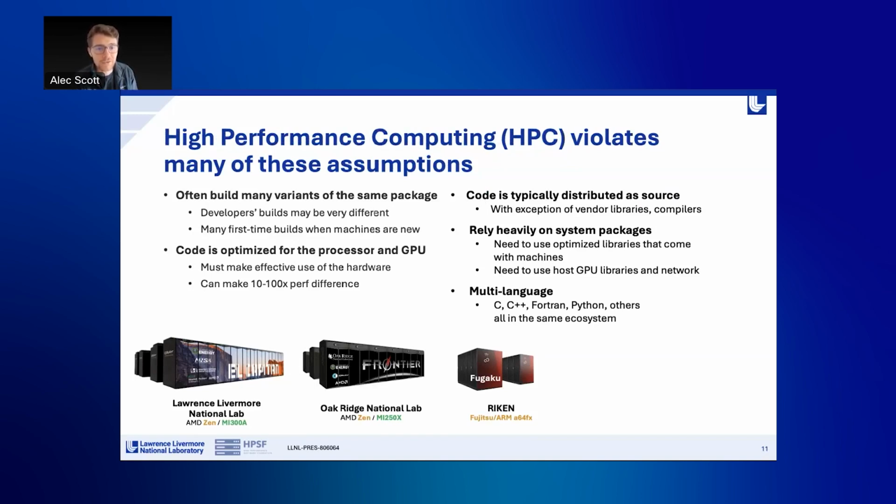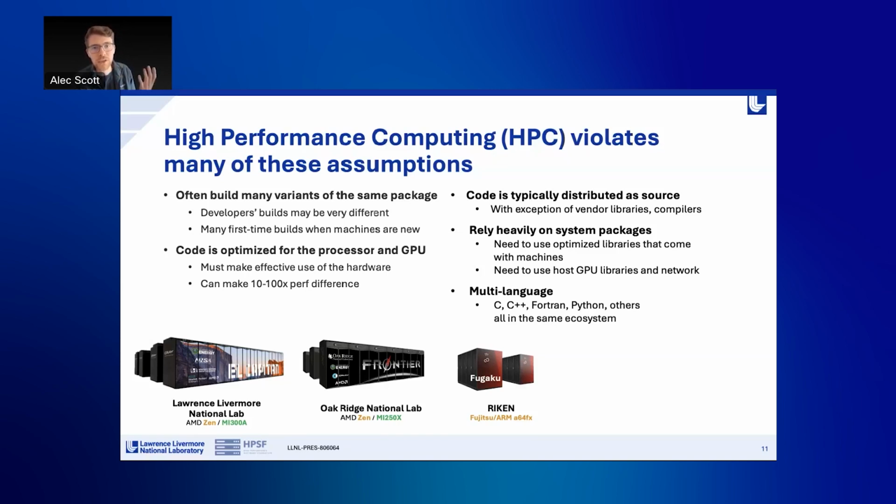As you can see, at Livermore we have El Capitan these days. El Capitan is an MI300. Oak Ridge is an MI250. Those are pretty similar. They're both still x86, the instruction set that probably most folks here have worked in. But then we have supercomputers such as Fugaku at RIKEN in Japan. Fugaku is an ARM machine, and it's using the A64FX vectorized accelerated instructions.